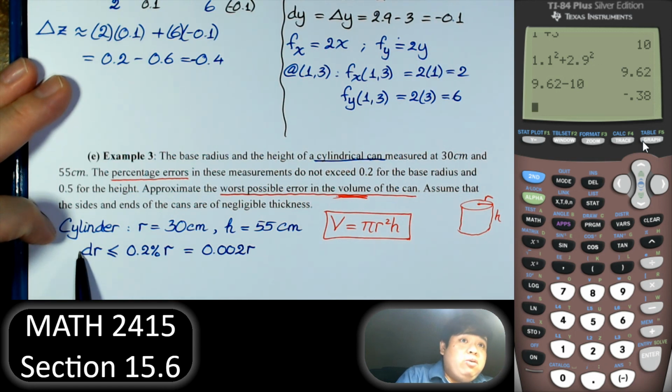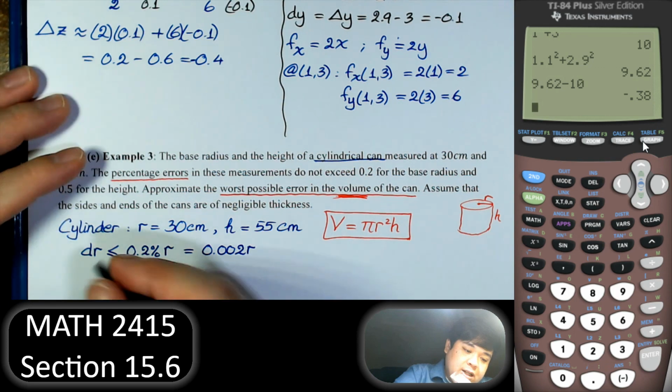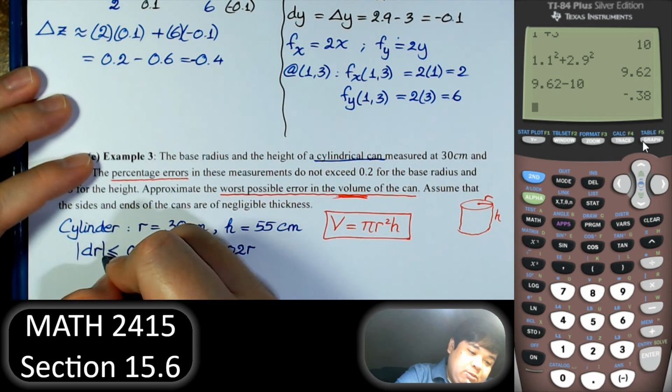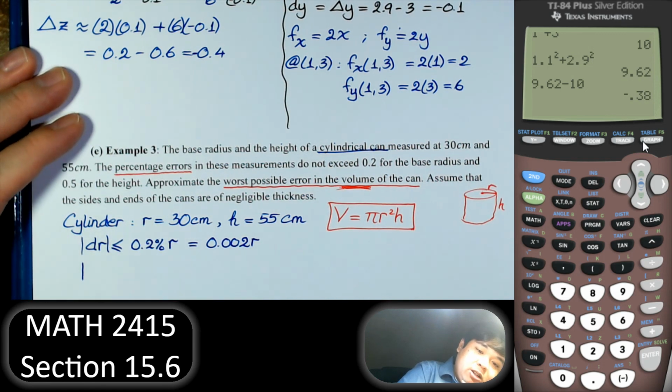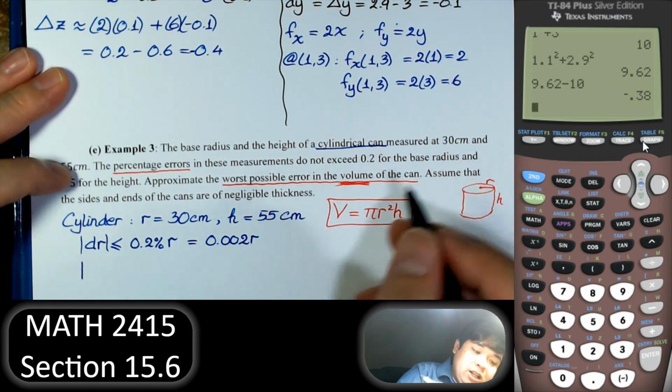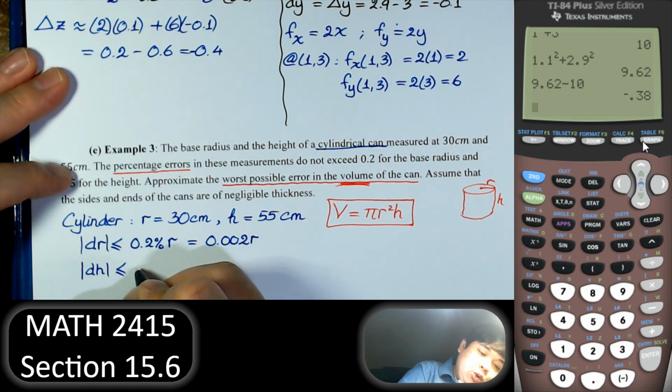I might put the absolute values here because the error could be 0.2% more or 0.2% less. Let's put the absolute values there to be precise. The percentage error for the height is 0.5, that is, it does not exceed 0.5% of the height.